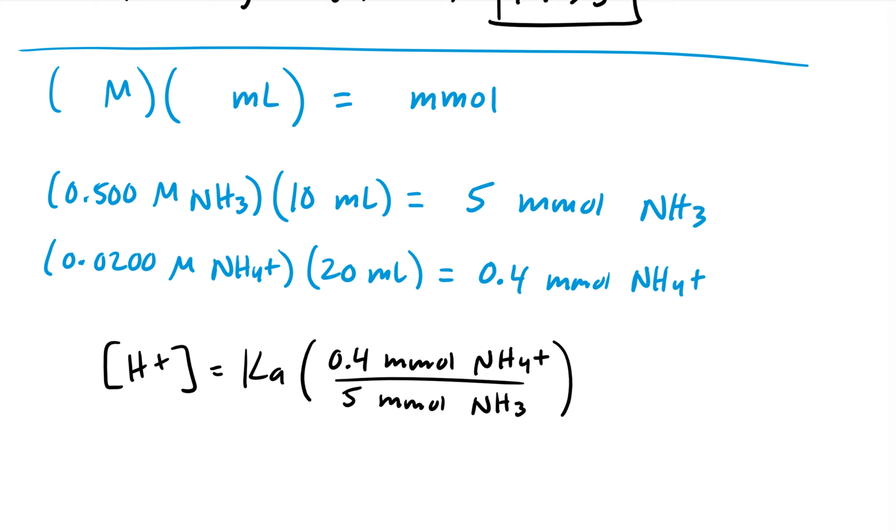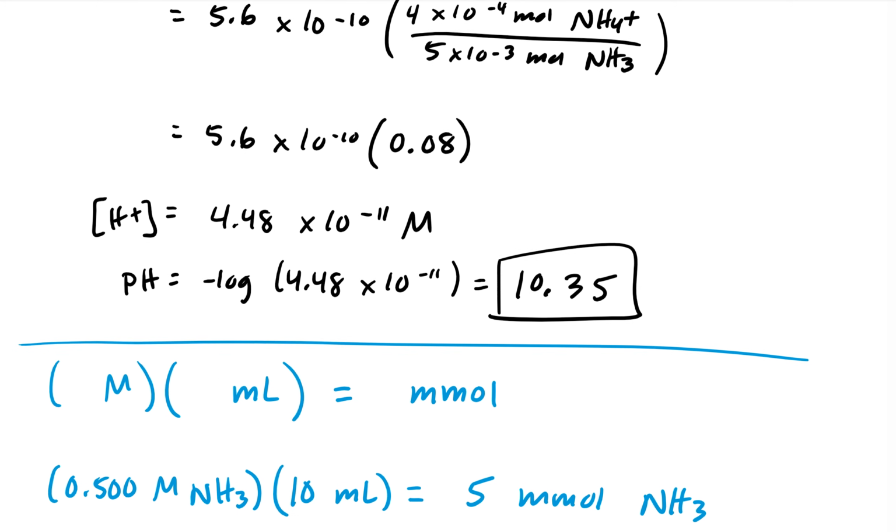But this time I have used these millimoles, which I'm allowed to do because I simply care about that ratio. As long as you have the same unit in the numerator and the denominator for this ratio, it doesn't matter. And you'll notice here, if you finish up this calculation, that mole ratio is still 0.08 as we have shown above.